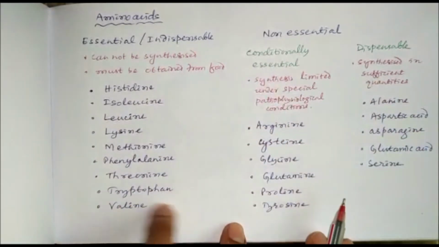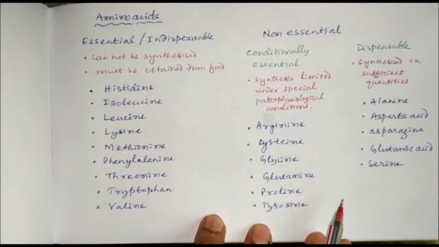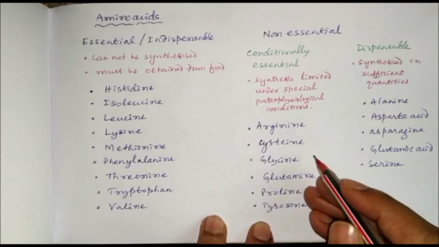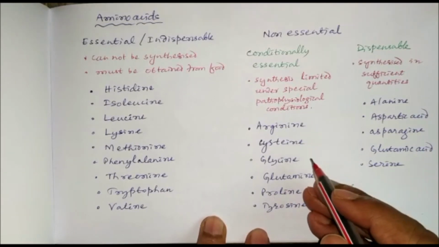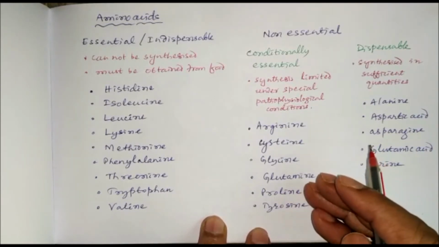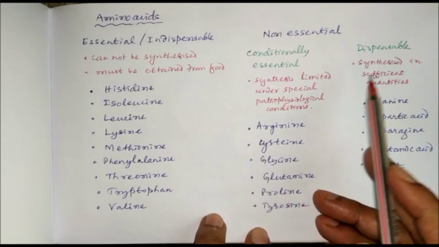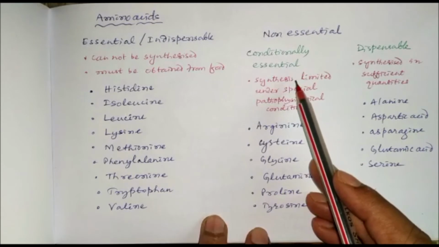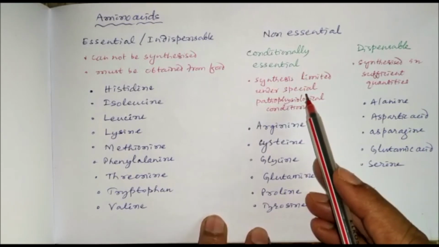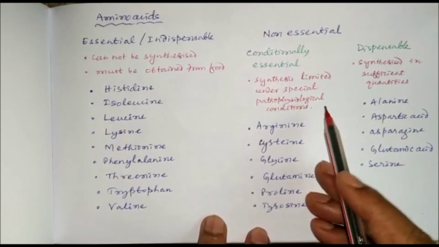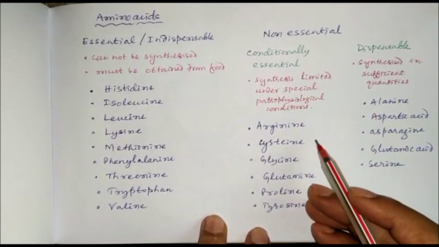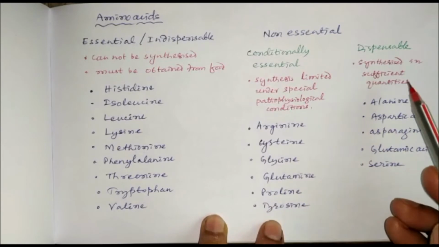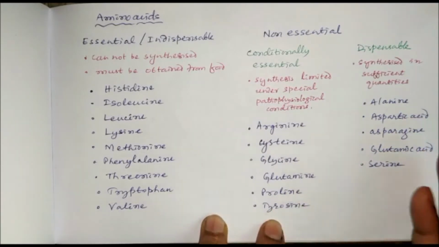The non-essential amino acids we can synthesize in our body, and there is no need to take them through food. Then some of them we can call conditionally essential, because synthesis is limited under special pathophysiological conditions, for example in premature babies, and dispensable, meaning they are synthesized in sufficient quantity.